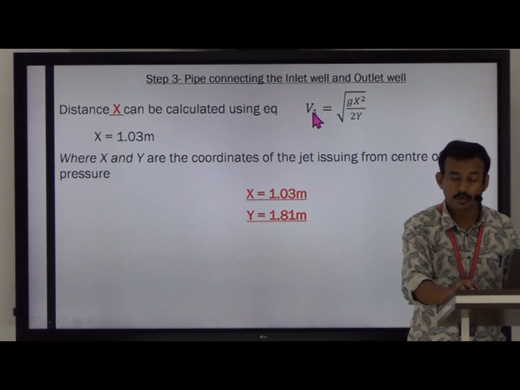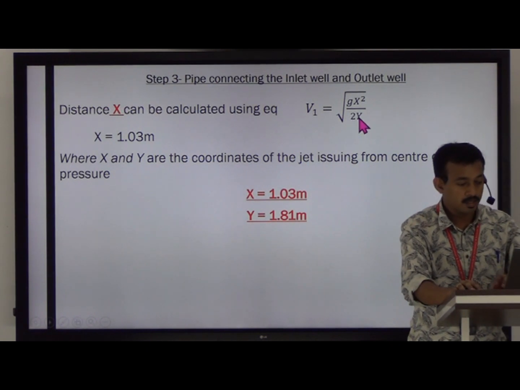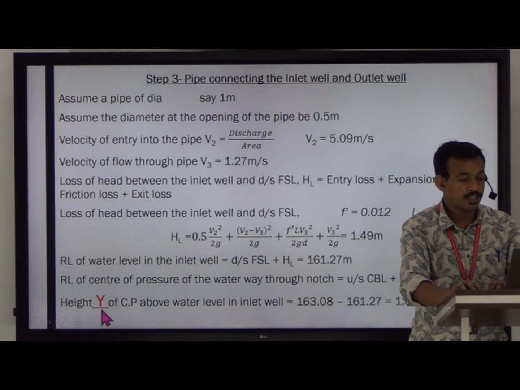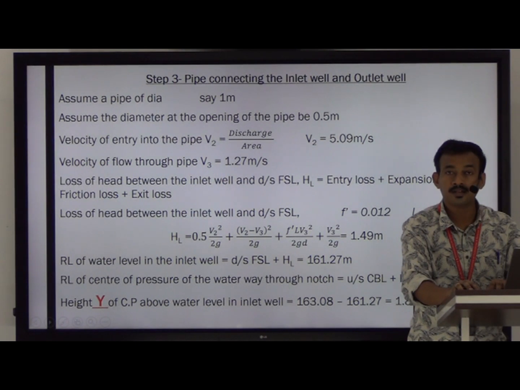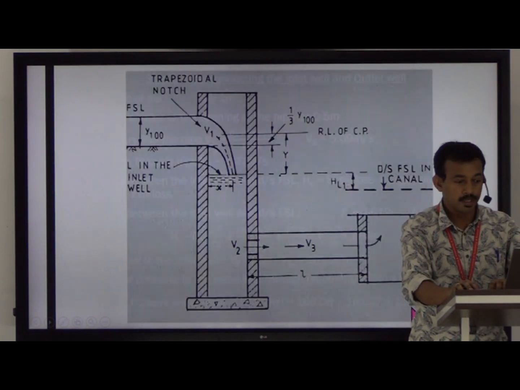The v1 value is known to you from the previous steps, and g is acceleration due to gravity, x is the value that you want to calculate, y is the height y that you calculated previously, that is 1.81 meter.